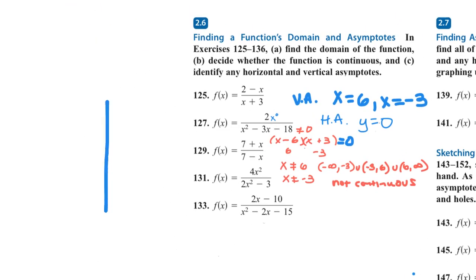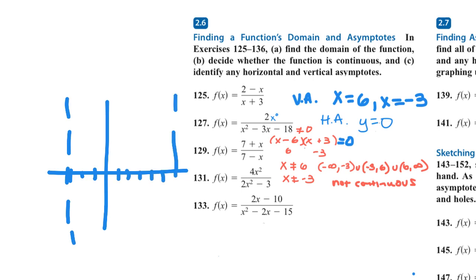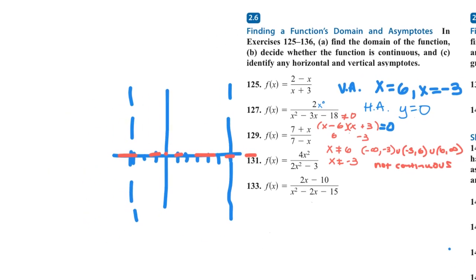So if I wanted to graph it, I'd have something at 1, 2, 3, 1, 2, 3, 4, 5, 6, and here. And then I would see what happens in between the two, and then to the right and to the left. There's no symmetry here because it's shifted and it's not squared. So you'd have to figure out what is happening in between.